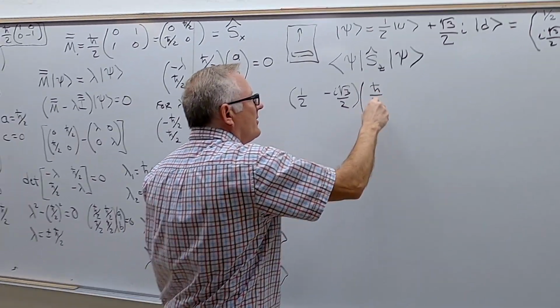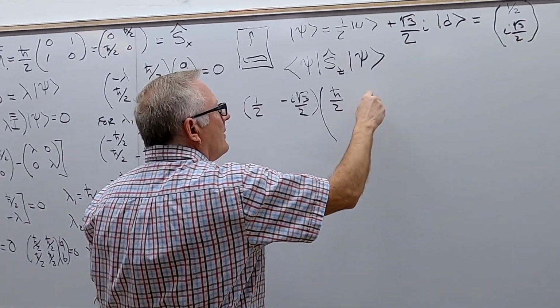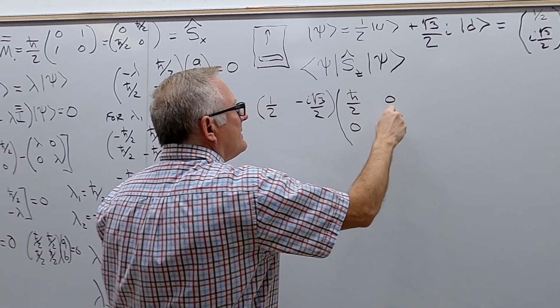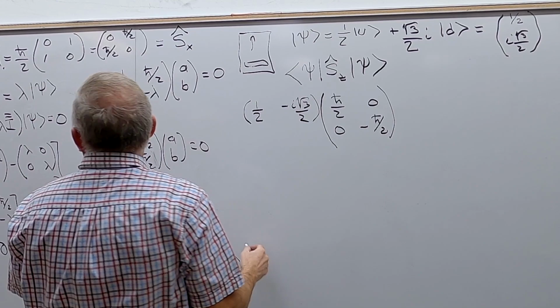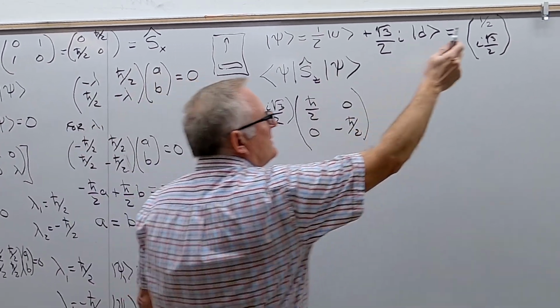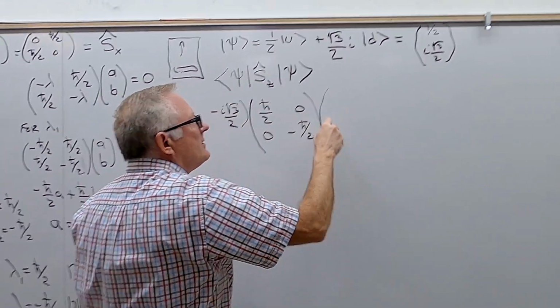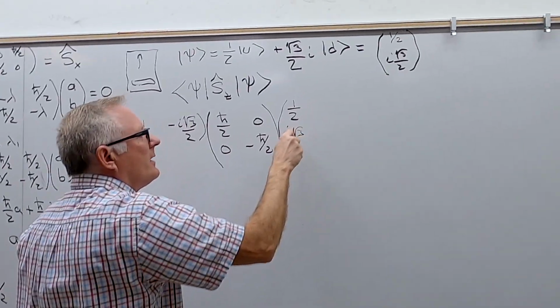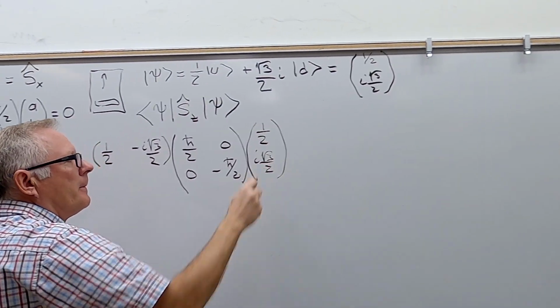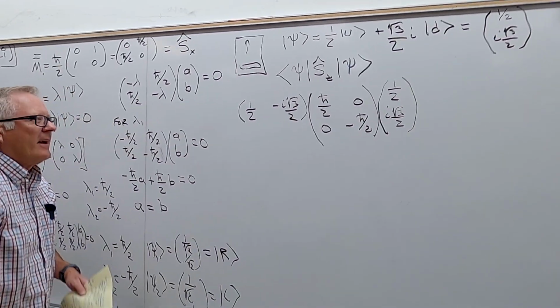H bar over 2, 0, 0, minus h bar over 2. And then we have just our psi, which is 1/2, i square root 3 over 2. Okay, we just got to solve that.